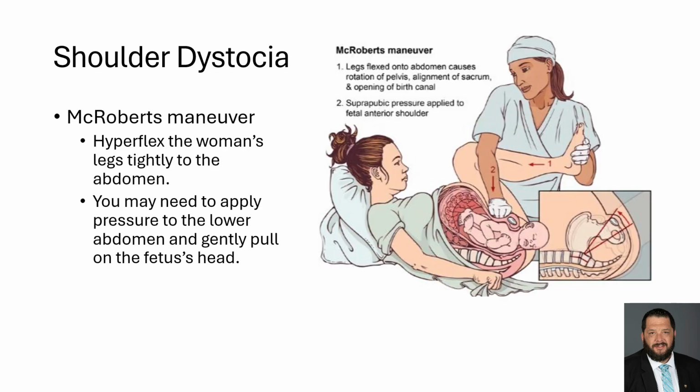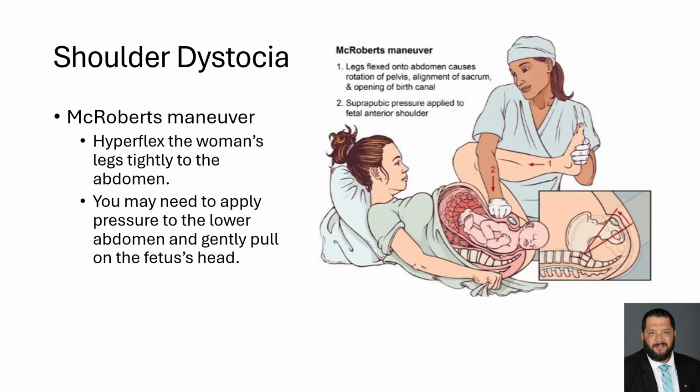McRoberts maneuver is the technique utilized to help facilitate birth during shoulder dystocia. You're going to first take a hold of the mom's foot, and you're going to flex the legs tightly up to the abdomen. This usually requires more than one person to facilitate the process.